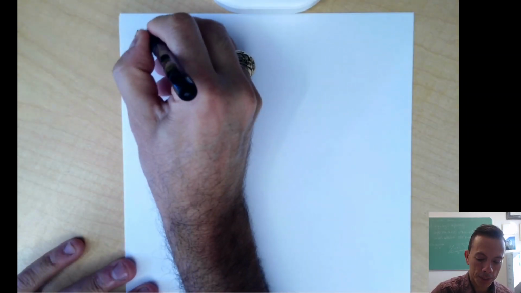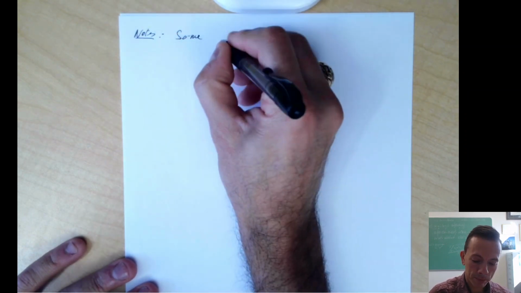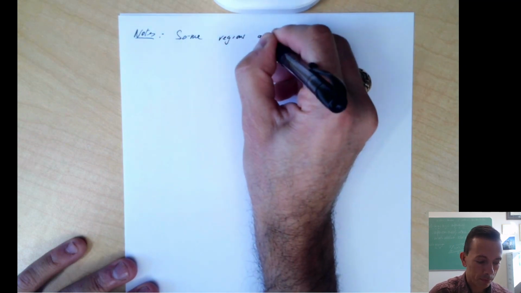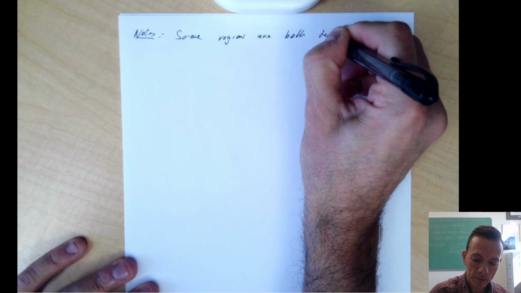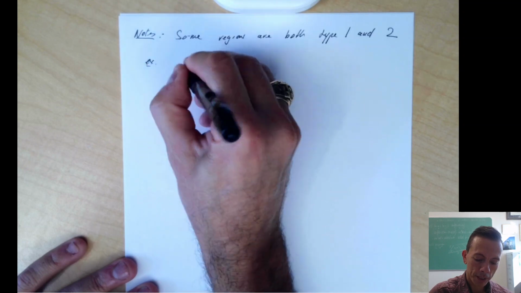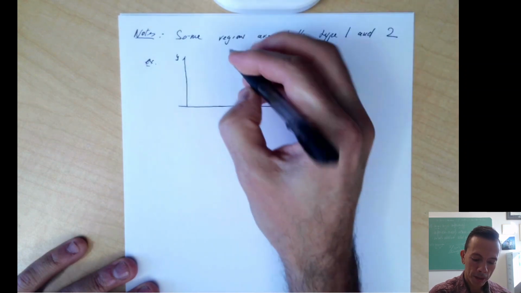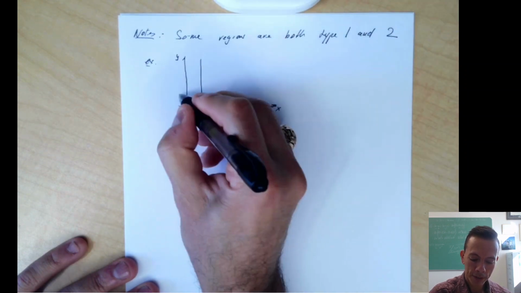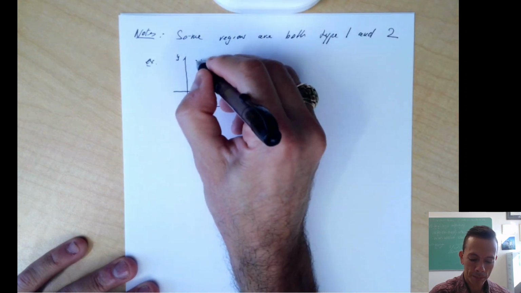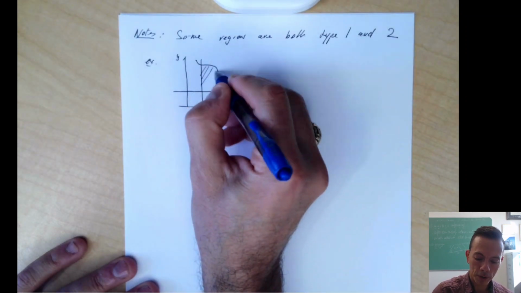Okay, so some of these areas are actually both type 1 and type 2. I'll show you an example. So if you have a region that kind of looks like this, where you have a straight side here and a straight side over here, and some curve, so this region is bounded between these three curves right here.